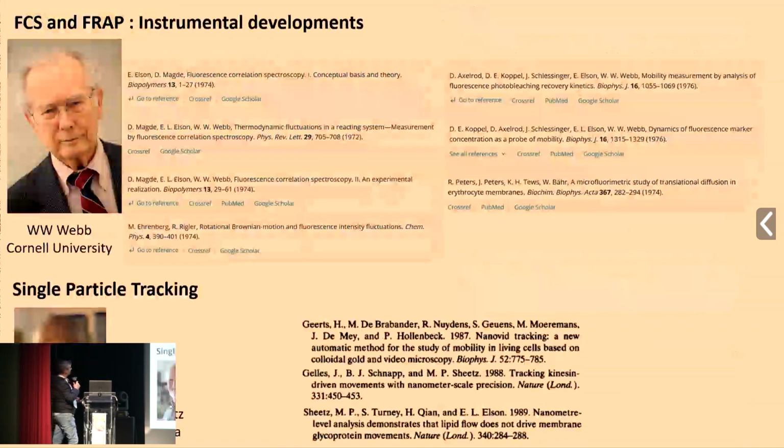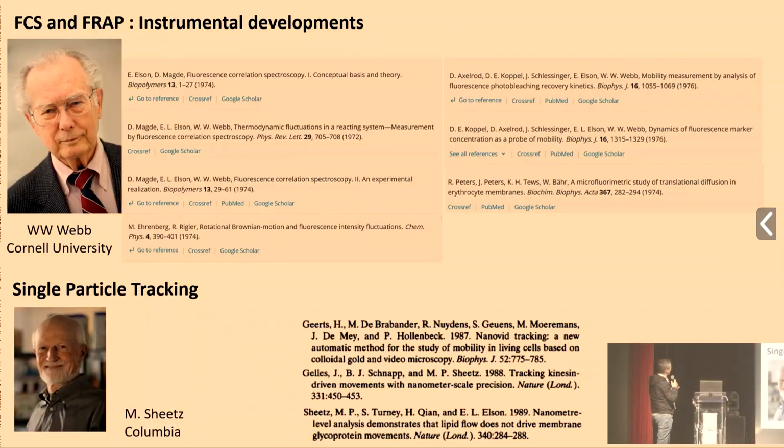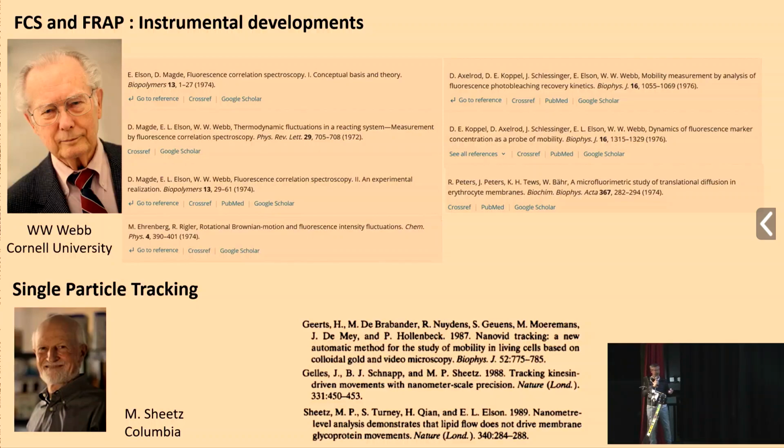So all this comes from biophysics and physics labs most of the time. And if we go back in ages, what we could see is that these instrumental developments of FCS and FRAP were mainly released in the 1970s, by the beginning of the 1970s for FCS and the end of the 1970s for FRAP. And all these were coming from the lab of Watt Webb.